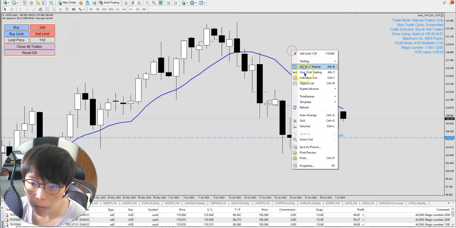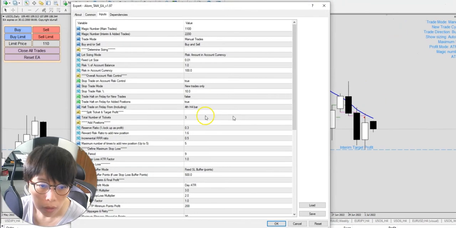All right, and then what we did was, let me just show you, we keyed in a different stop loss buffer, because we knew the place that we're going to place in, which is 110, we can't use ATR stop loss, because ATR stop loss has a fixed buffer.